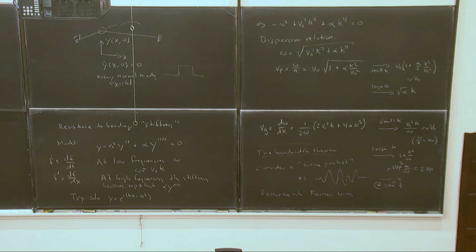So this would be a Fourier series of a superposition of monochromatic waves, that is, waves of well-defined frequency.